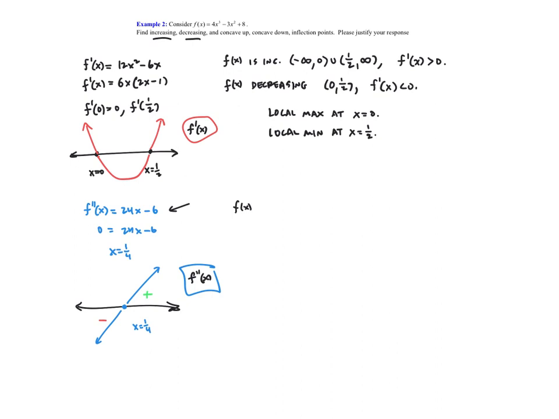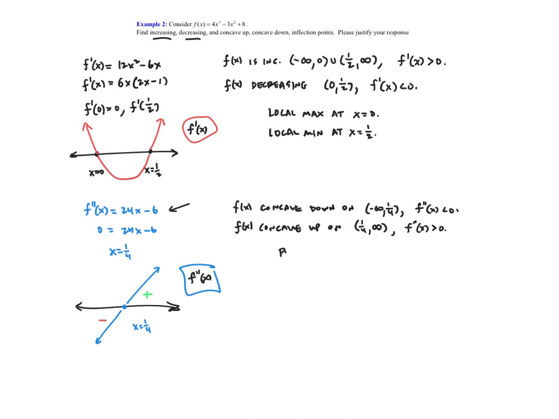So f of x is concave down on the interval from negative infinity to 1/4, since f double prime of x is less than 0, and f of x is concave up on the interval from 1/4 up to infinity for the opposite reason.